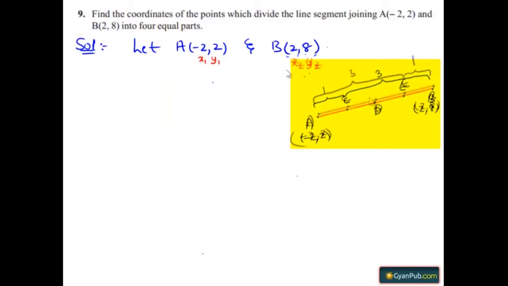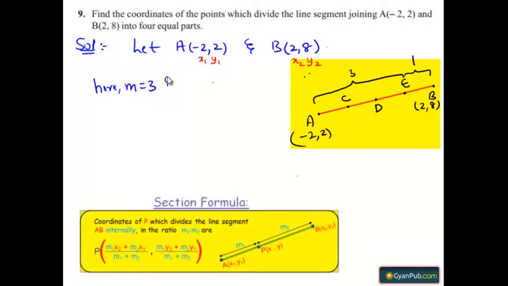The point E divides AB in the ratio 3:1 internally. So here m value equals 3 and n value is 1.